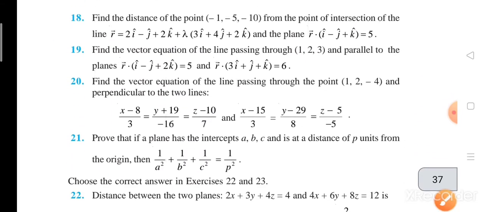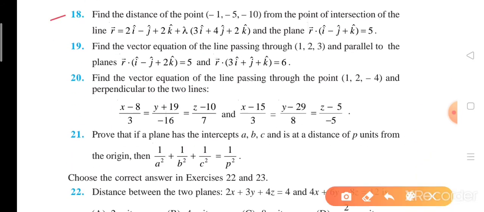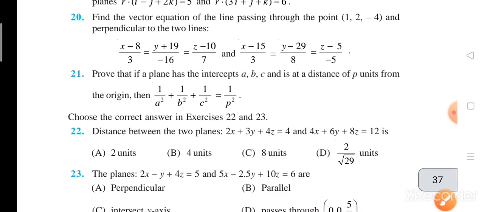From the next page, we have important problems 19, 18, 20 and 21. This you have to do from this chapter.